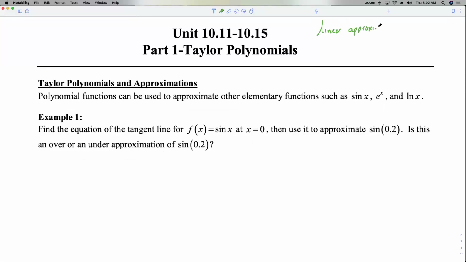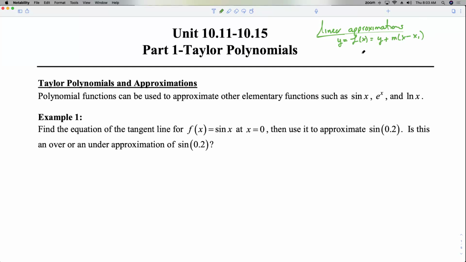That was the first thing we ever did in terms of approximations, where we ended up with a formula that we called L of x, which was equivalent to the equation of the tangent line, in the form y plus m times x minus x1. So this is an approximation just with lines.